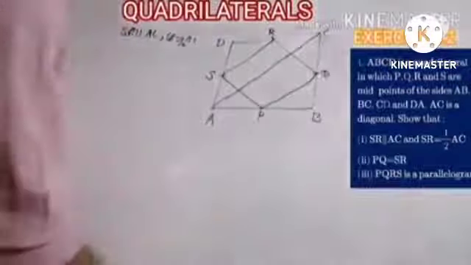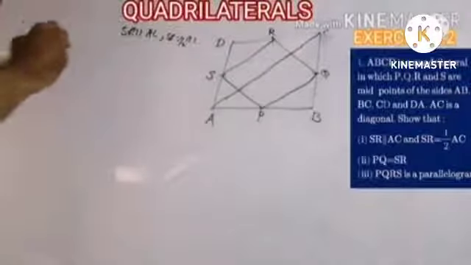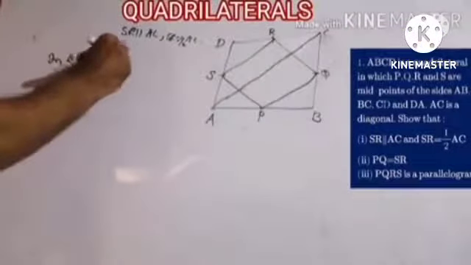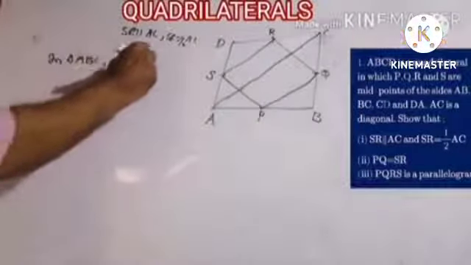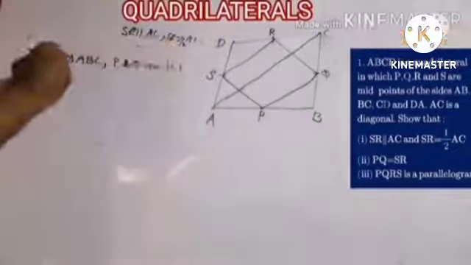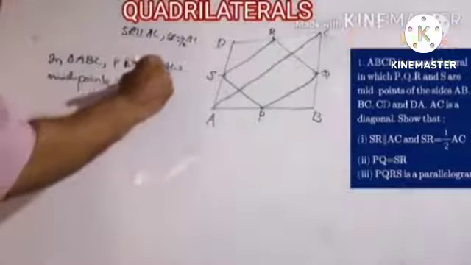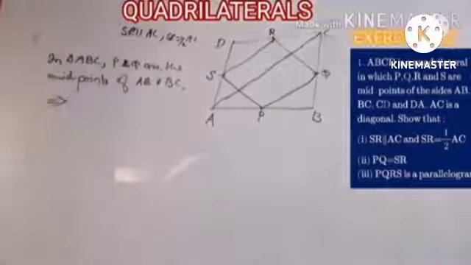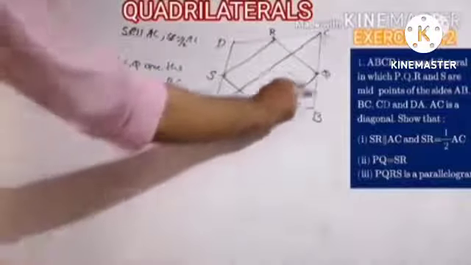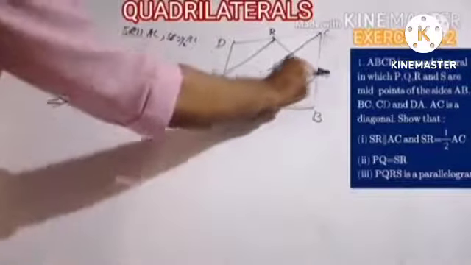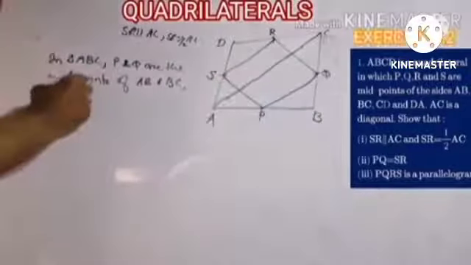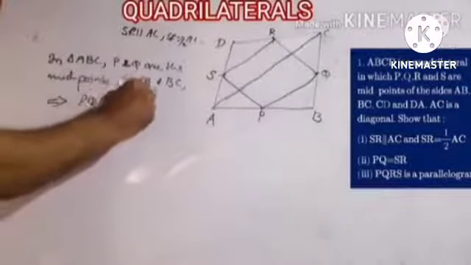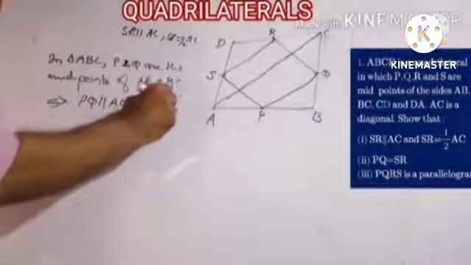Now, in triangle ABC, P and Q are the midpoints of AB and BC, which implies PQ is parallel to the third side AC and PQ equals half AC.